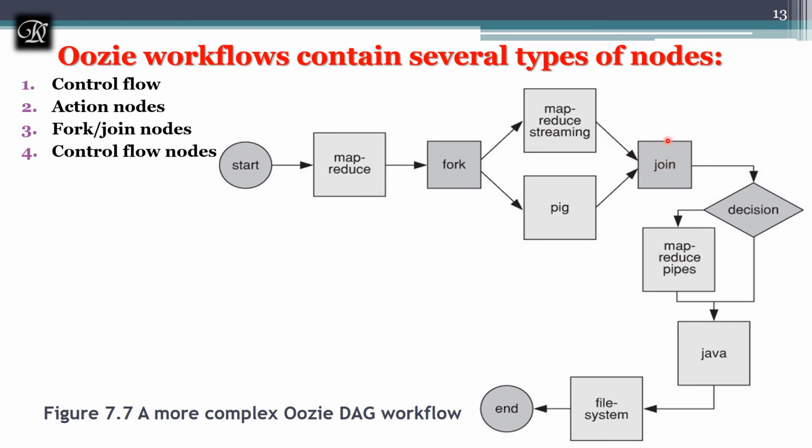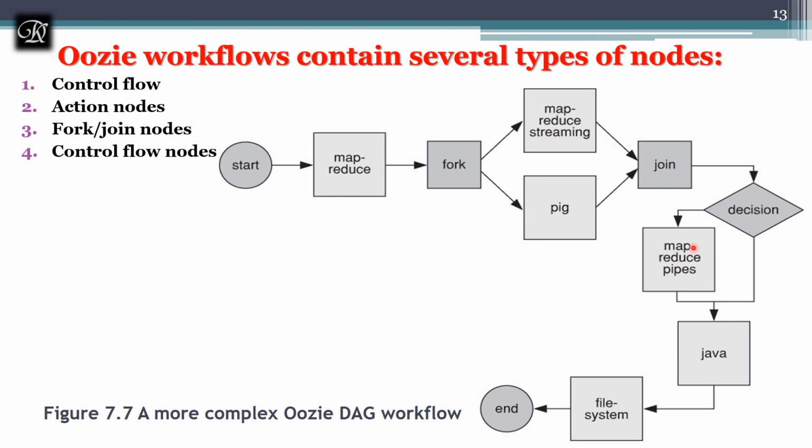After that, based on that data, I'm going to take some decision. This is just an example. The decision might be true or it might be false; here they have not mentioned. If the decision is true, consider it is true, it will directly go to the Java action, where it's going to store it to the file system. Again, there might be some computation.